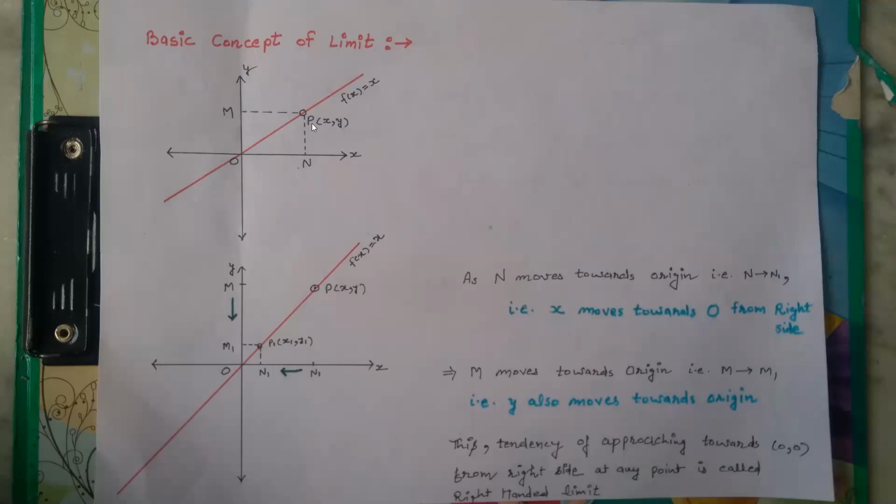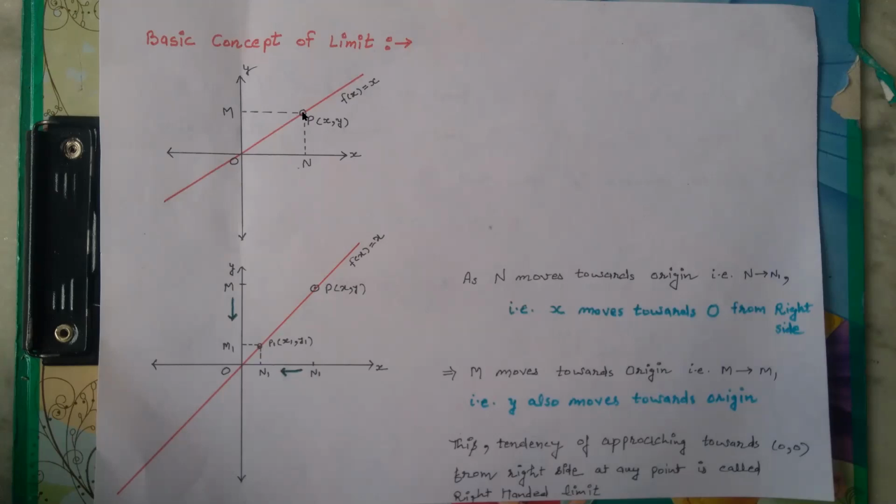If there is any point P(x, y) which is moving, and from this point we draw perpendiculars on the x-axis as well as on the y-axis, then PN is y and ON is x.